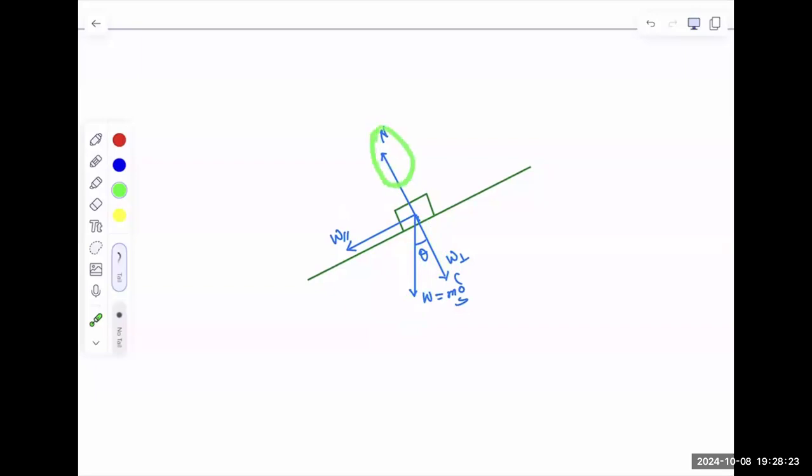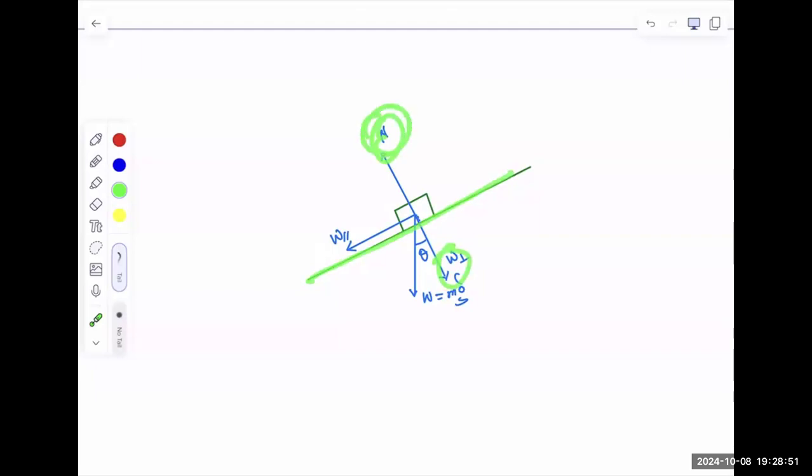What do these two forces do? Anyone? Do they keep it on the ground, on the surface? Yes. The purpose of these two forces is to keep this object on the surface.